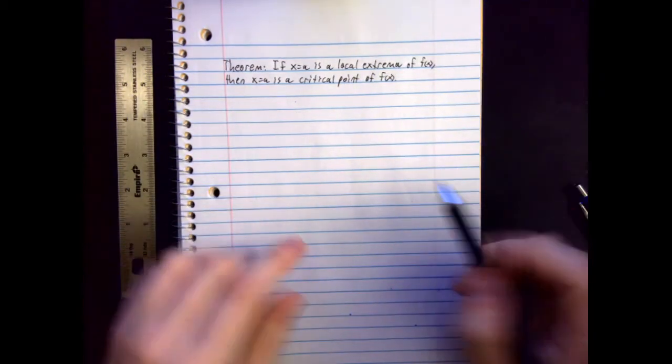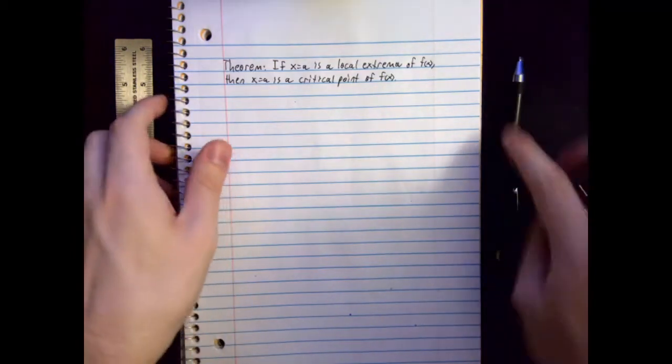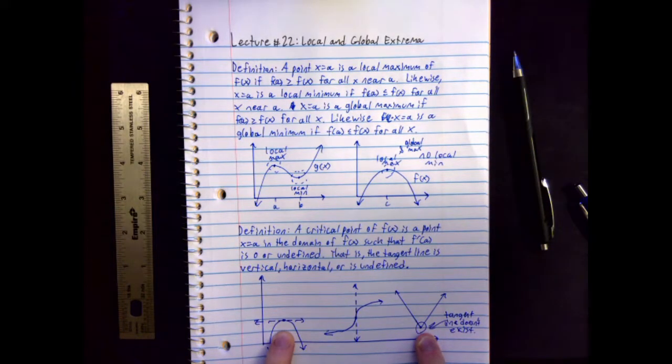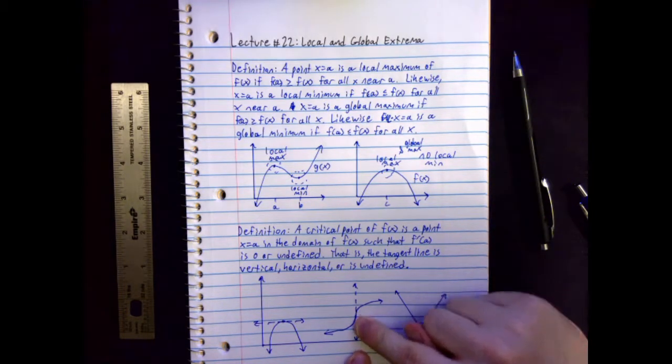And one thing to note immediately is that the converse of this is not true. If we go back and look at this example that I just drew, we have two critical points here which do happen to be a local max and a local minimum, respectively. But we also have this point where we have a critical point, but there is no local max or local min here.